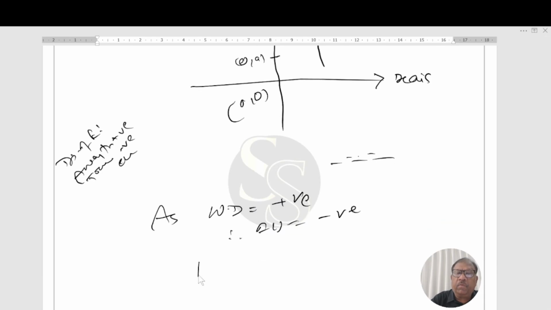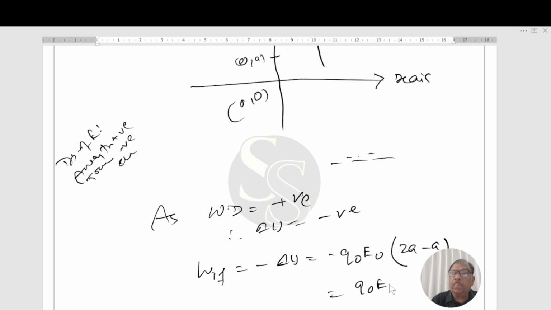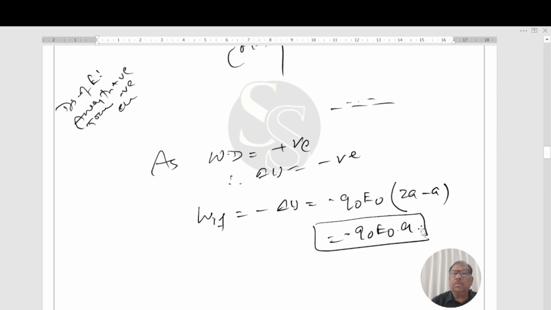So W is equal to minus delta U, that is Q naught E naught into final position 2A minus A, that is minus Q naught E naught into A, with negative sign.